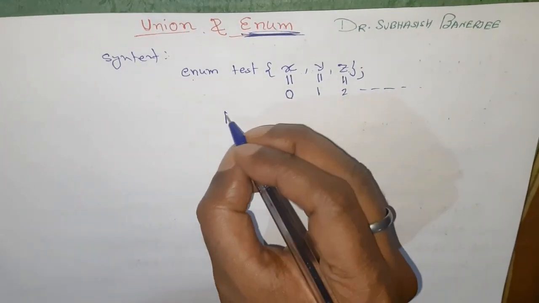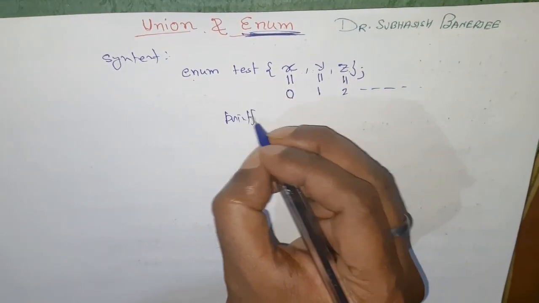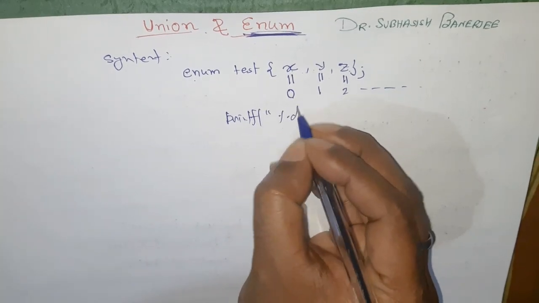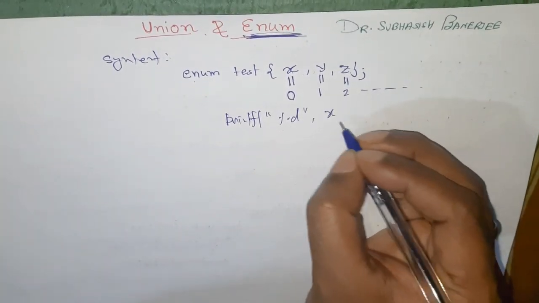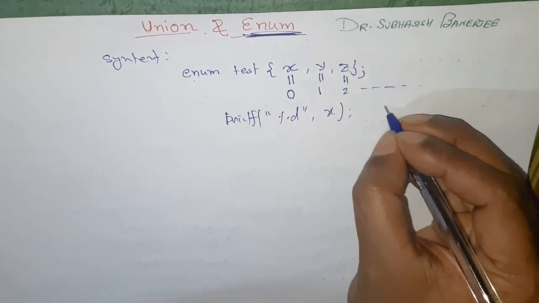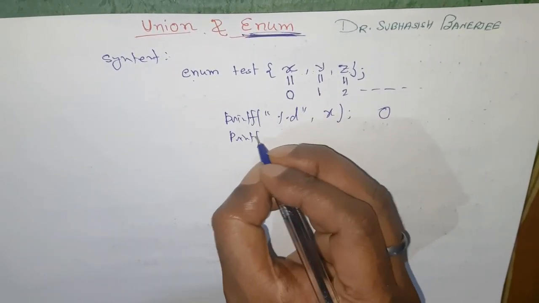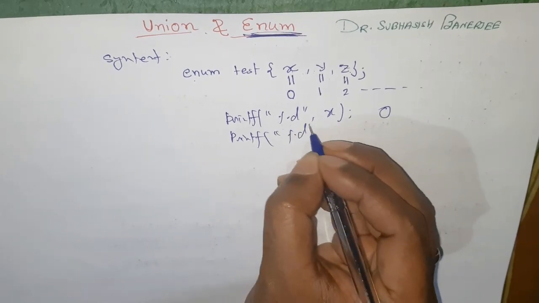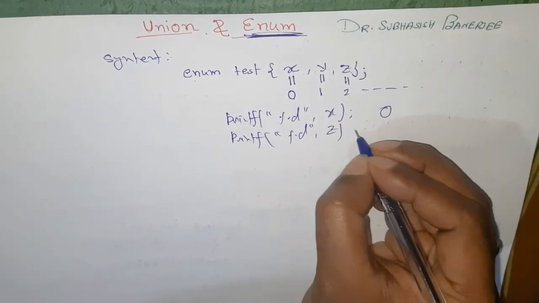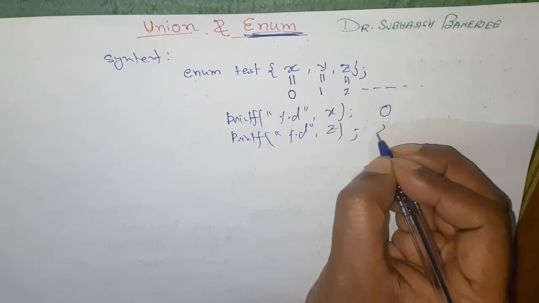So if we display printf %d of x, you will get the output as 0. Similarly, if we write printf %d of z, it will give you the output 2.